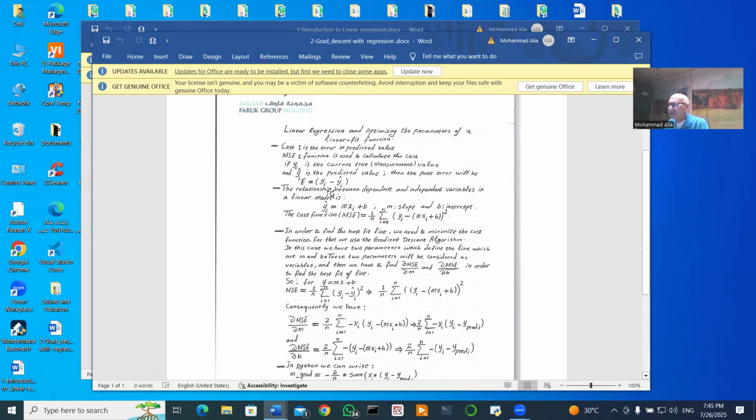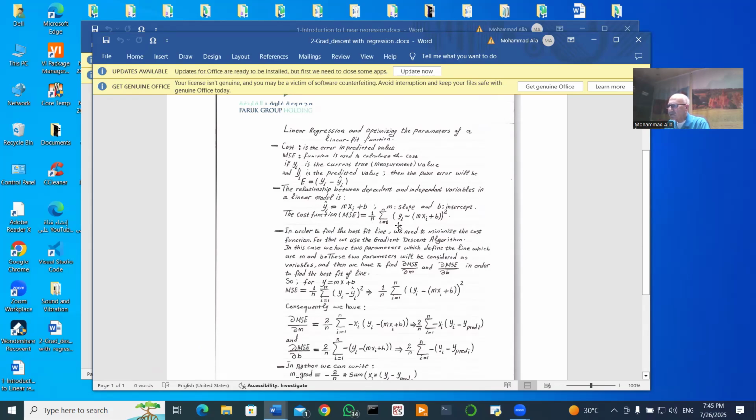Okay. Now again, as I showed you in the previous lecture, we find the error e as yi minus yi hat, and yi hat for every point xi is expressed as m times xi plus b, where m is the slope, a constant value, and b is a constant value. So this expression represents y hat.